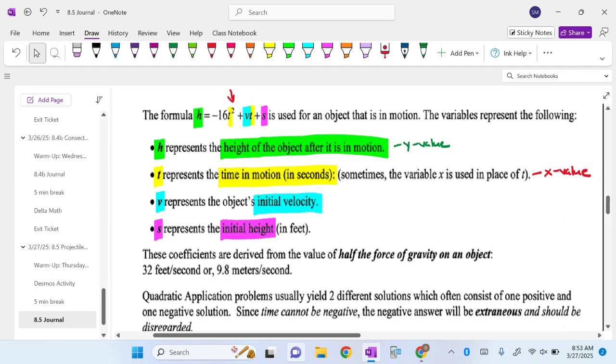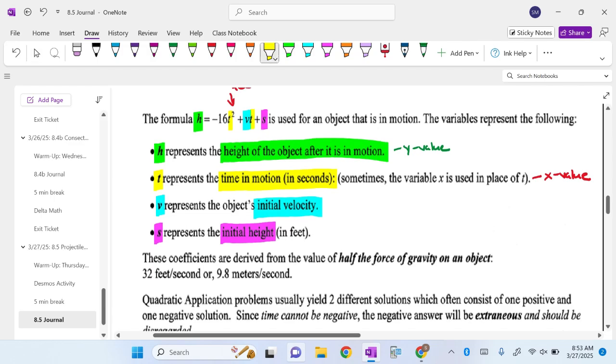And the reason that is, is because it's a coefficient derived from half the force of gravity on the object. That's physics. It's just explaining why the 16 is what it is. So in physics, this is typically the force of gravity.